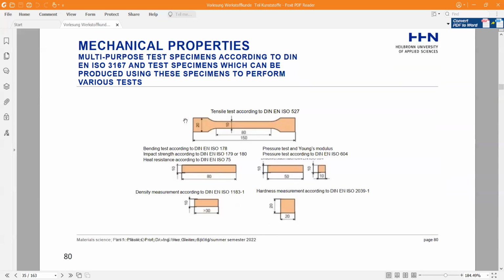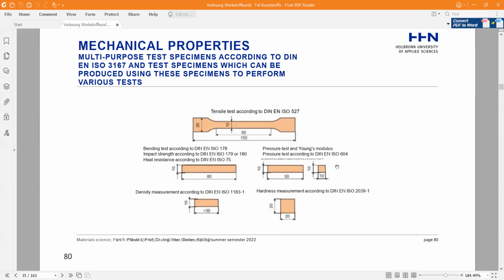It has a width of 20 millimeters and a length of 150. Using this sample, we can do bending stress, impact stress, heat resistance, pressure test, and Young's modulus.